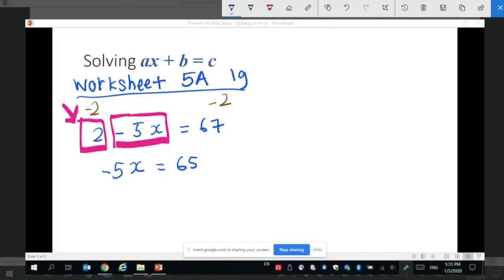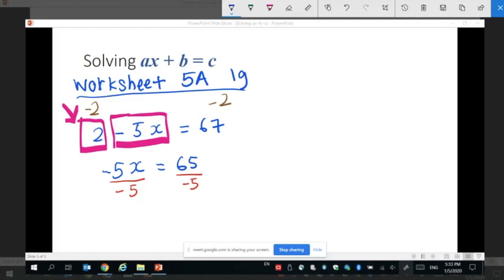Then I need to divide by the coefficient of x, which is minus 5, in order to find what is 1x. So I divide by minus 5 on both sides. Minus 5 divided by minus 5, I'll get positive 1.